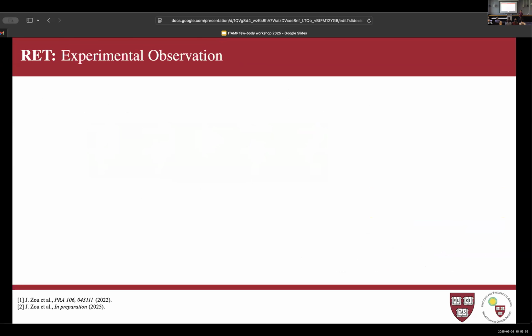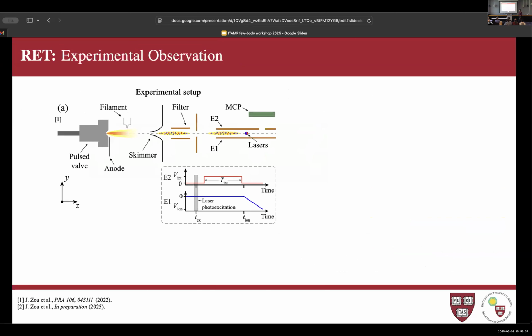Let me give some context for where this is coming from, and it comes from an experimental observation. We're collaborating with Stephen Hogan's group at UCL. There they have a nice experimental setup, a molecular beam setup.